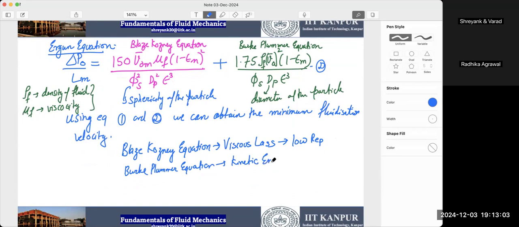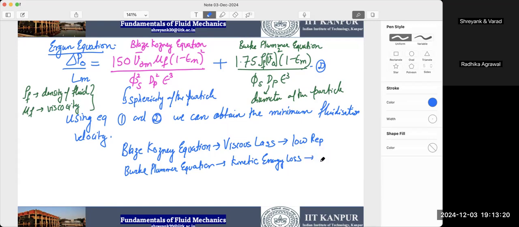Kinetic energy loss, and you will not see a viscous term here. When you are at a very high Reynolds number, your viscous effects are almost negligible.